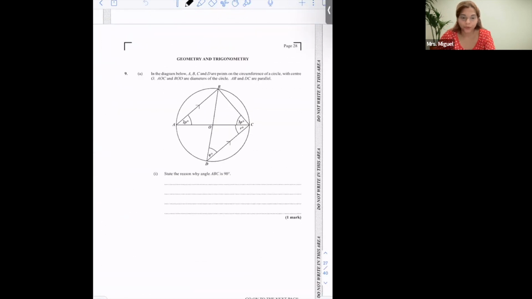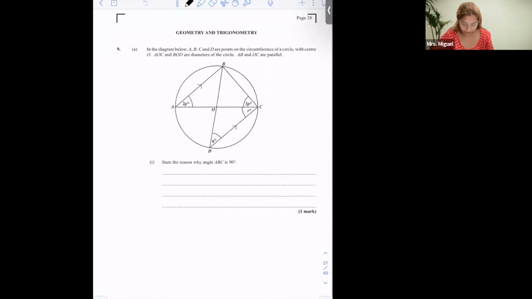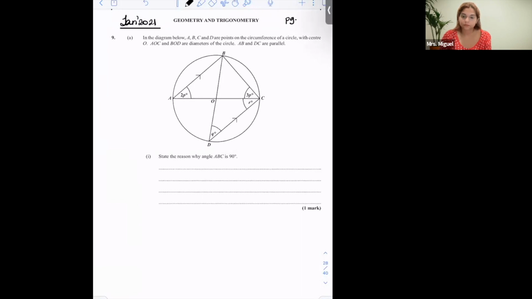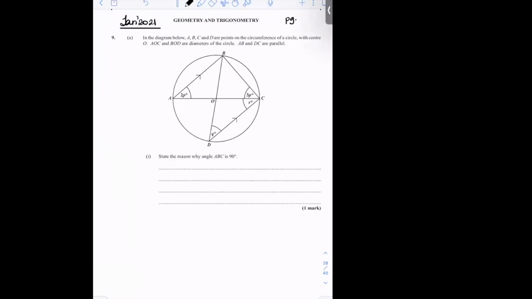All right, is it found? What page is it on? What page is January 2021 on? Could somebody give me the page number? Thank you.